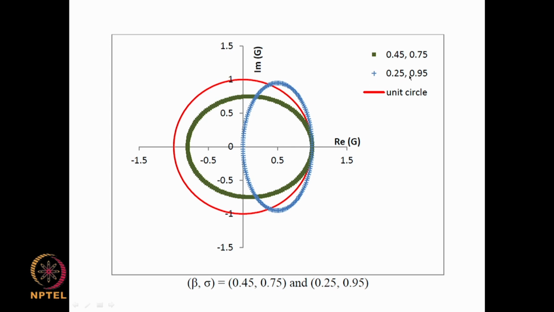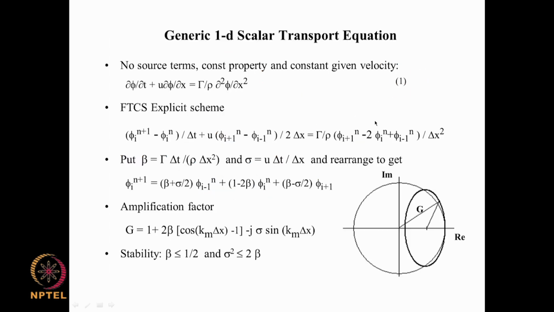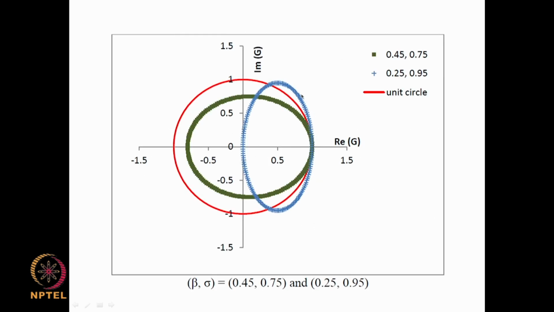But if you take another set of values, both of which satisfy the individual conditions of beta less than 0.5 and sigma less than 1 here, we see that if you substitute these values in this expression for different values of phi, and then you draw the corresponding g here, you see that g is sometimes going beyond 1.